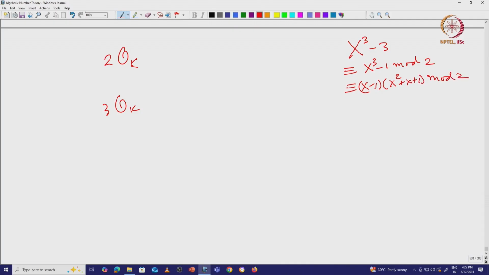And the second factor, the quadratic factor, turns out to be irreducible. It has no root mod 2. So, this is P2 times P2 prime. So, one of them has residue degree 1 and the other one has residue degree 2. And then 3 O_K turns out to be the cube of the ideal generated by cube root of 3.